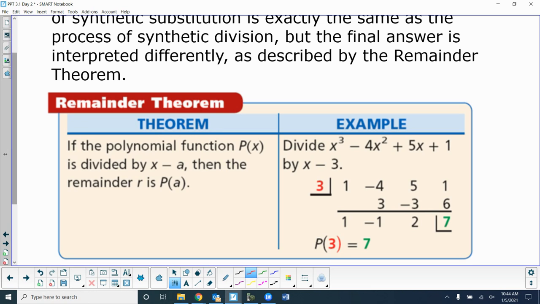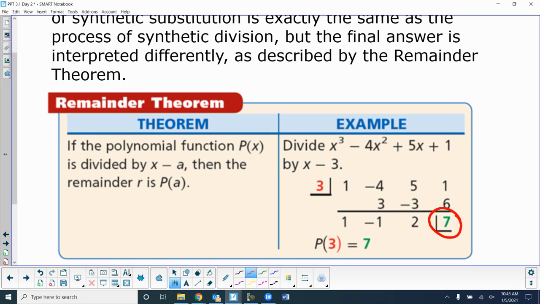if I'm dividing this polynomial by x minus 3, I put my 3 in here in the box. I got my 1, -4, 5, and 1, and then I do my multiplication and addition. All I'm worried about when it's synthetic substitution is that if I were to substitute 3 in here, here, and here, and just evaluate it, the answer would be 7.